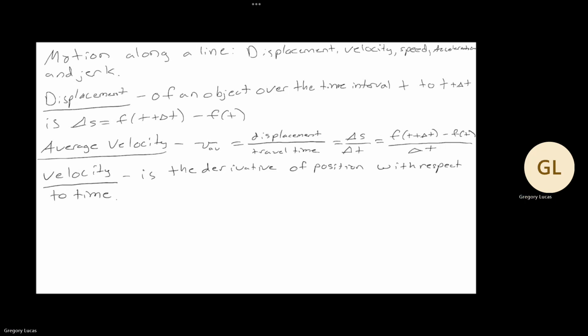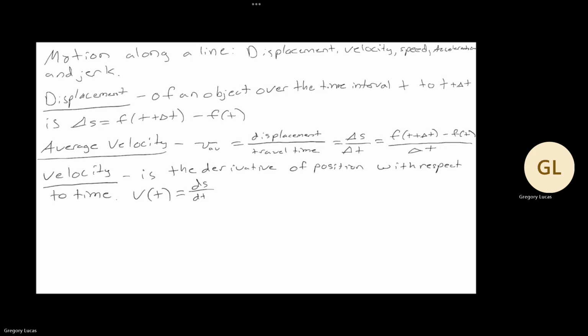So the velocity at time t, I'm going to say v of t. So I'm going to call displacement s of t. Velocity, I'm going to call v of t. So v of t, we define as ds dt.